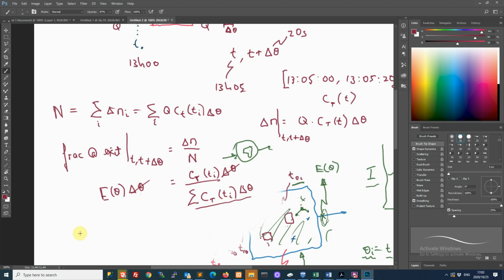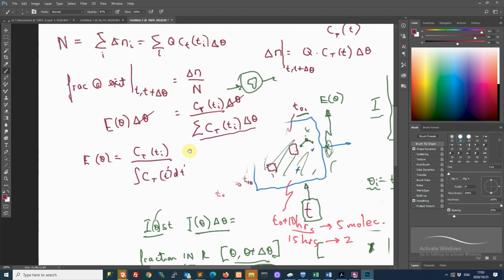In other words, you can write here E of theta is equal to CT at Ti over the integral of CT.